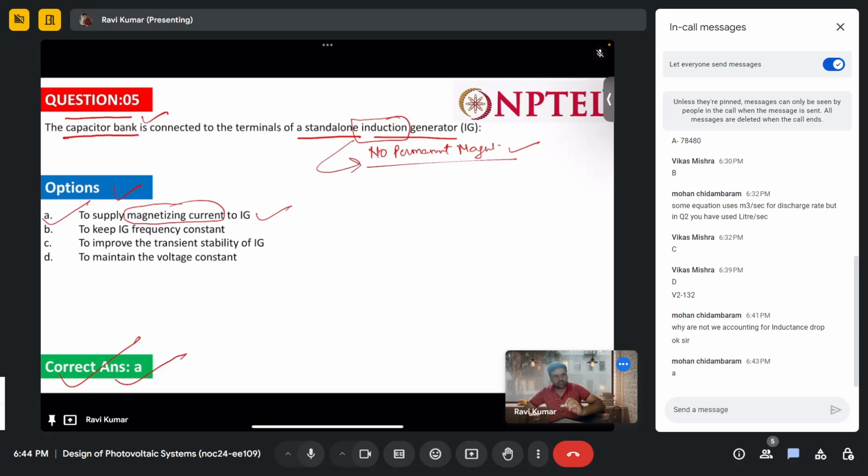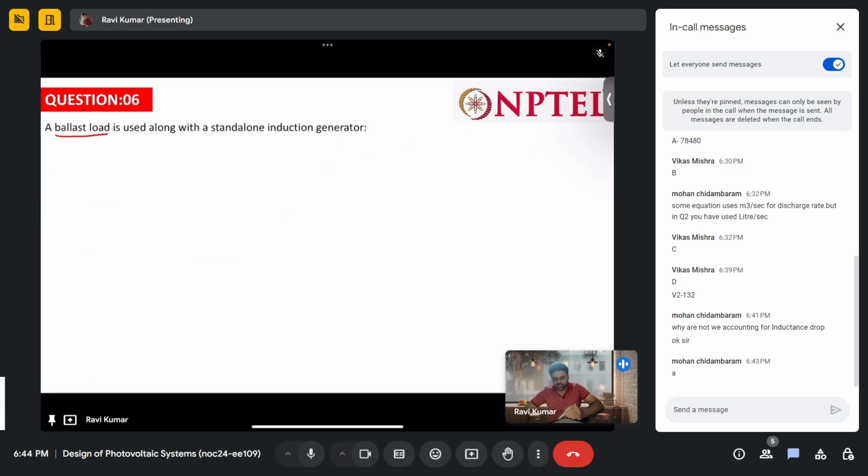Let's move to the next question, which says a ballast load, you can say a dummy load, is used along with a stand-alone induction generator.